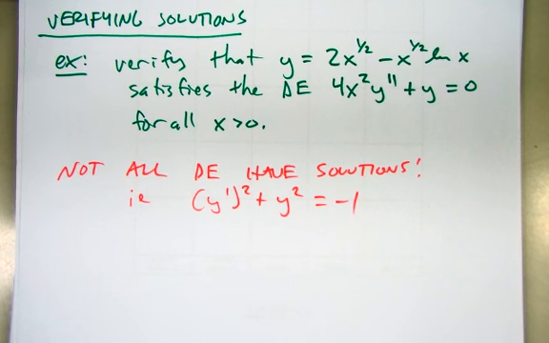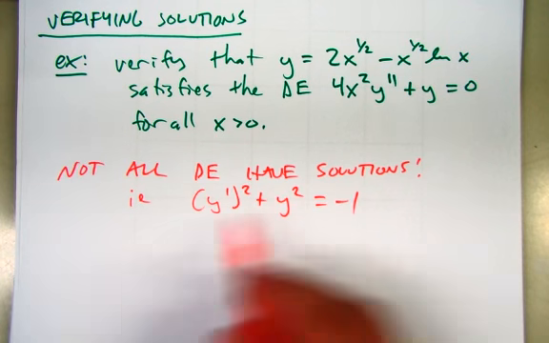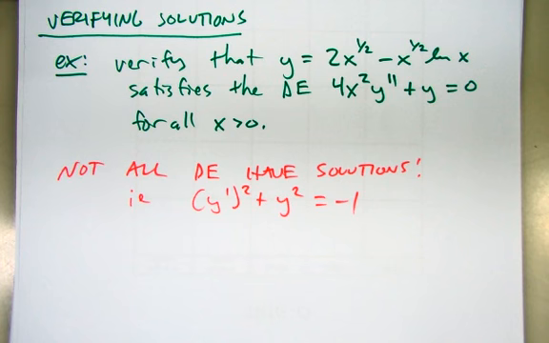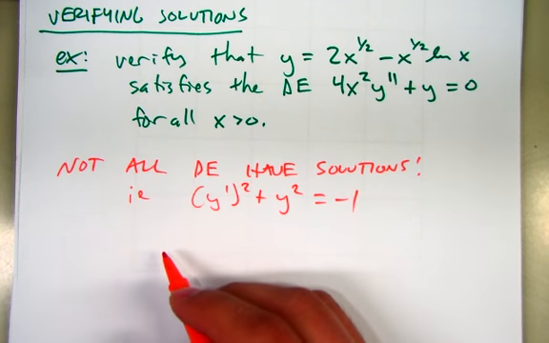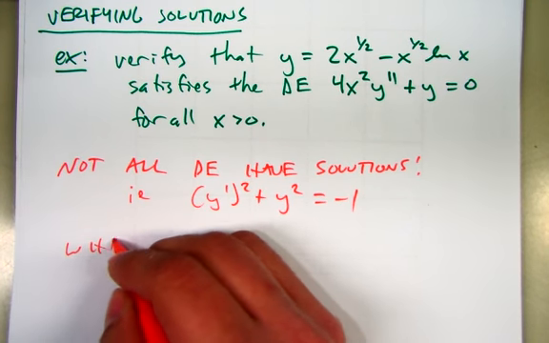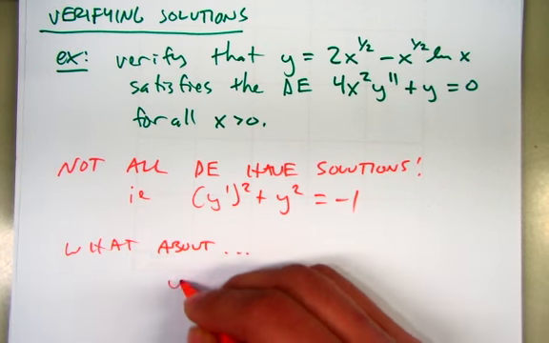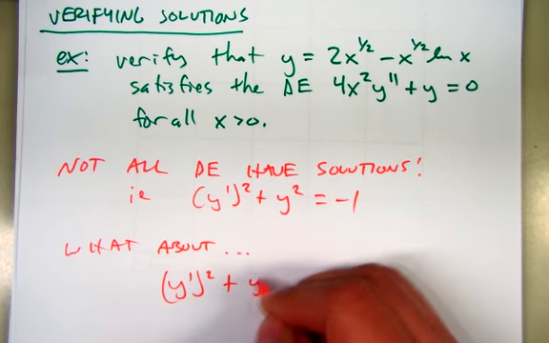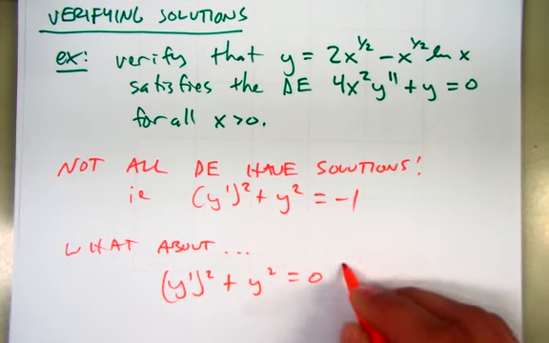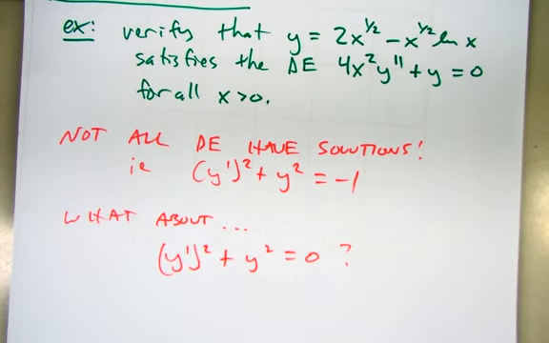Right, because you have two squares, whether it's a derivative or not, you're never going to get a negative answer. What about y prime squared plus y squared equals 0?